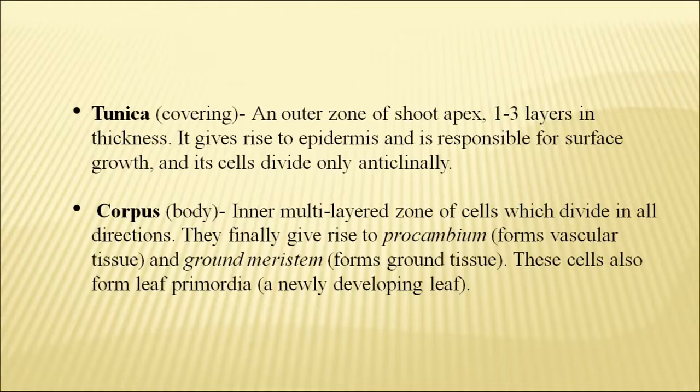So, this corpus is responsible for the future growth of the shoot and also for forming various other structures of the stem. So, tunica, as I told you, is the covering, the outer zone of the shoot apex, 1 to 3 layers in thickness, and it gives rise to epidermis, which is responsible for the surface growth.